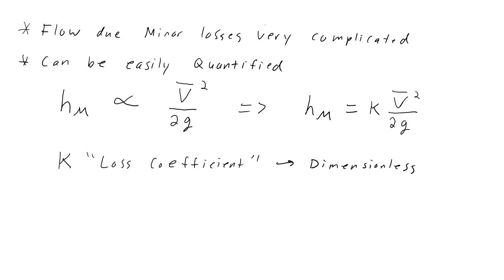And of course, if you convert back in terms of pressure drop rather than in terms of loss, this just ends up being that delta P, the pressure drop across, is equal to 1/2 K rho V bar squared.